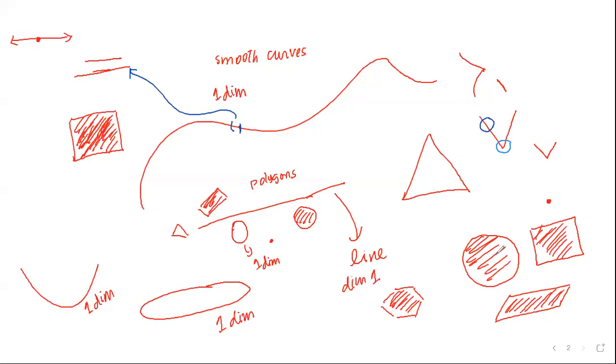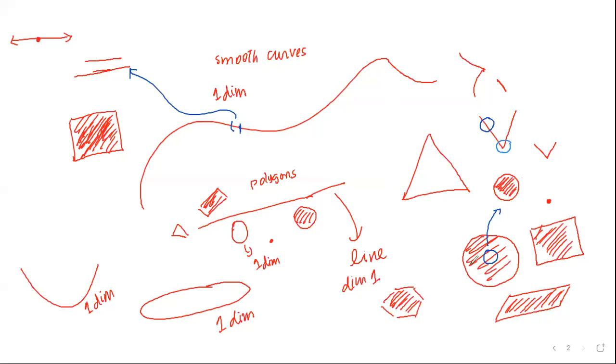If we take a small piece of this disk and zoom in on it, it looks like a part of some plane. And the plane is what? A plane is a two-dimensional thing.